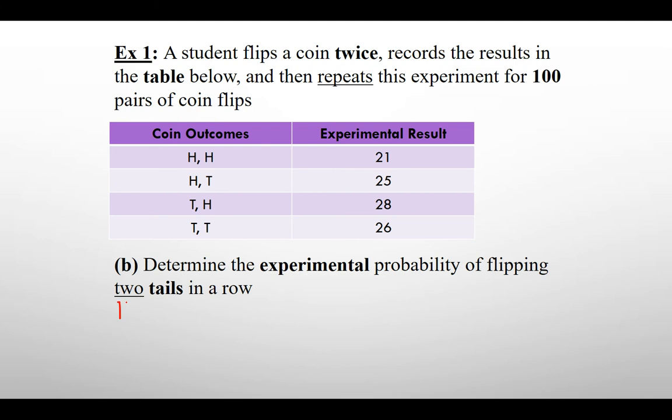So to do this, we'll write down the probability of getting tails followed by tails. Now, we're going to write the formula out a little bit differently right here. I'm not going to write down favorable outcomes divided by possible outcomes.